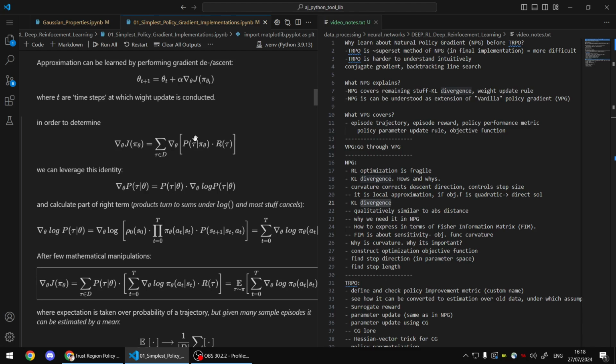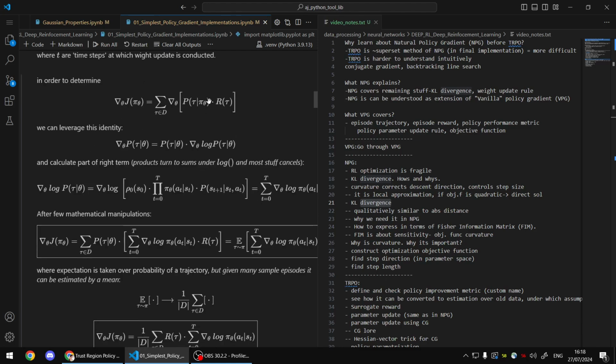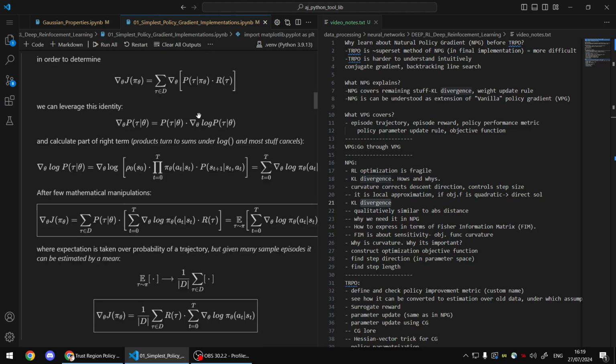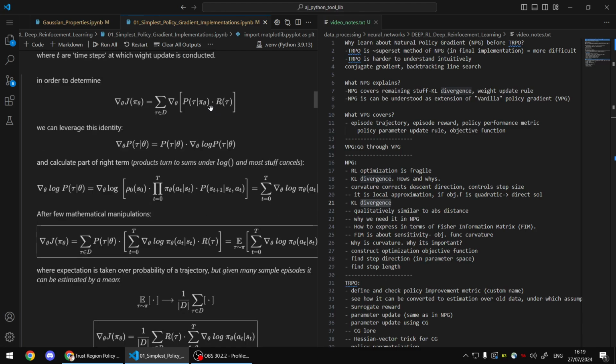The gradient only concerns the probability of the trajectory, but we don't actually know the derivatives with respect to the parameters. It's kind of difficult to tell, but what we can use to help us is this expression.